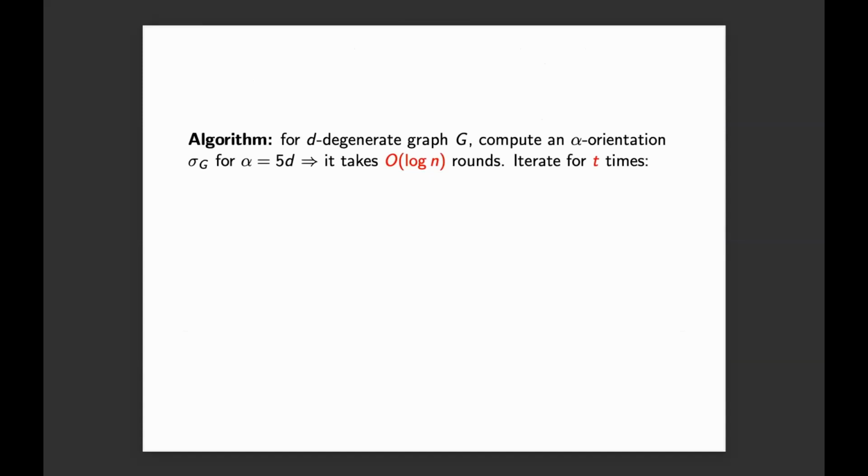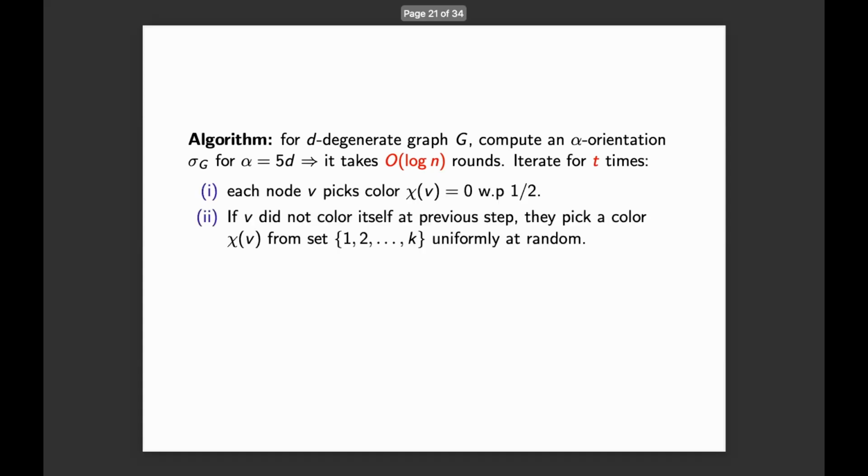So we have a d-degenerate graph, and we know how to compute an alpha orientation of that graph, so let's say a 5d orientation of graph G. Remember, a 5d orientation means every vertex in G has out-degree at most 5d. We know we can compute such an orientation in log n rounds in CONGEST.